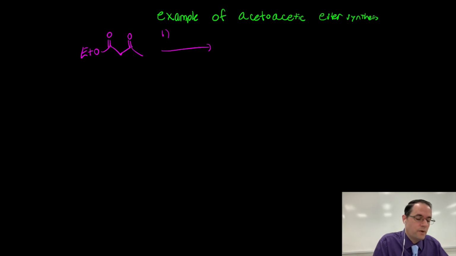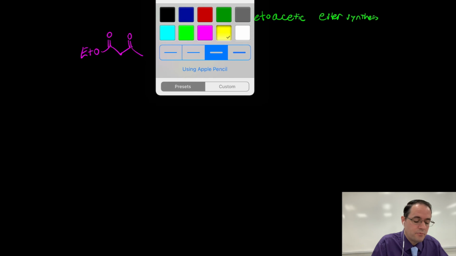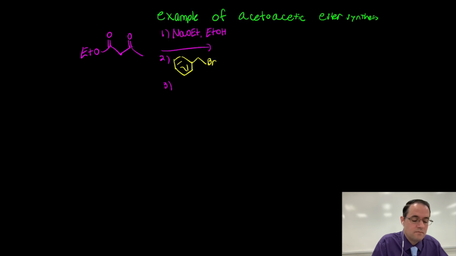We treat this with sodium ethoxide in ethanol. Okay. And we're going to treat this with, I don't know, benzyl bromide. Okay. Step 3, we do H3O plus and heat.